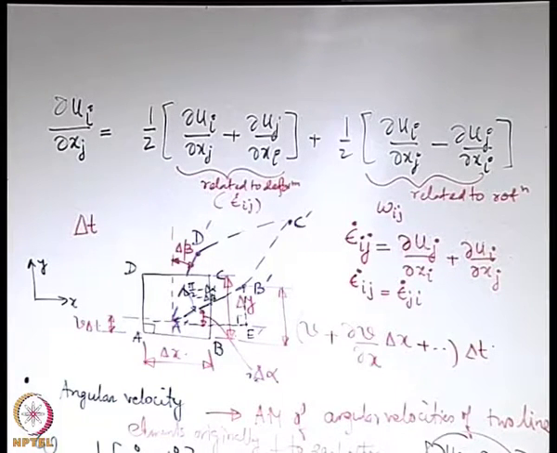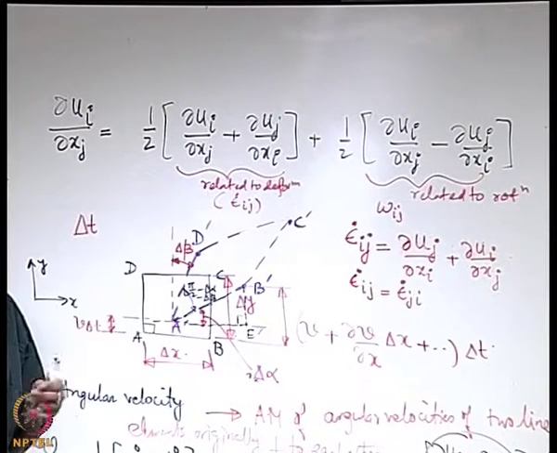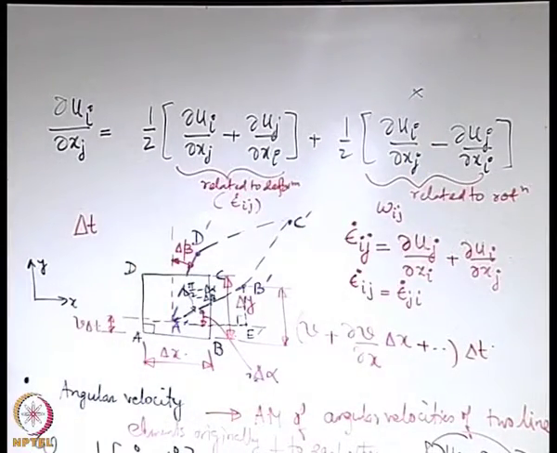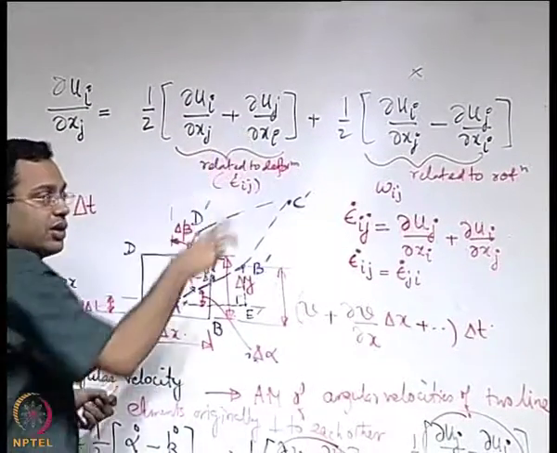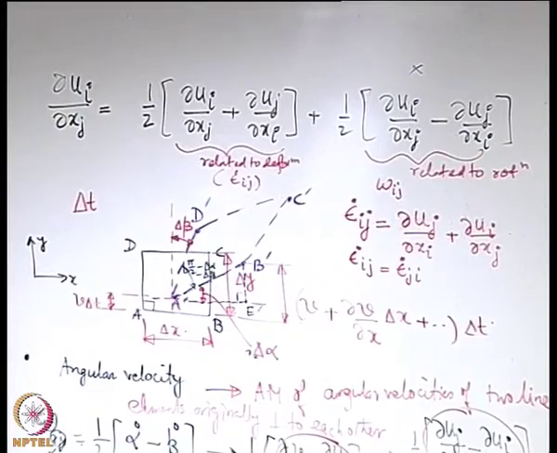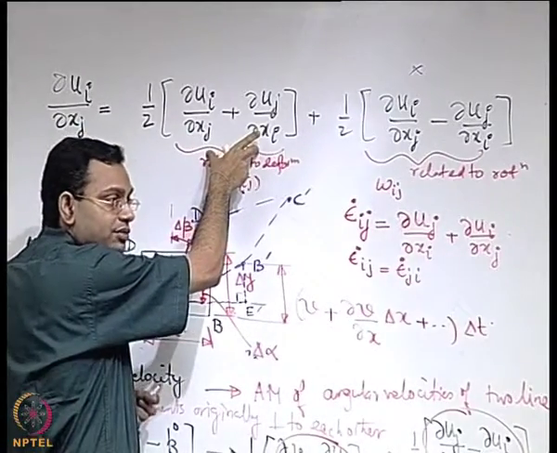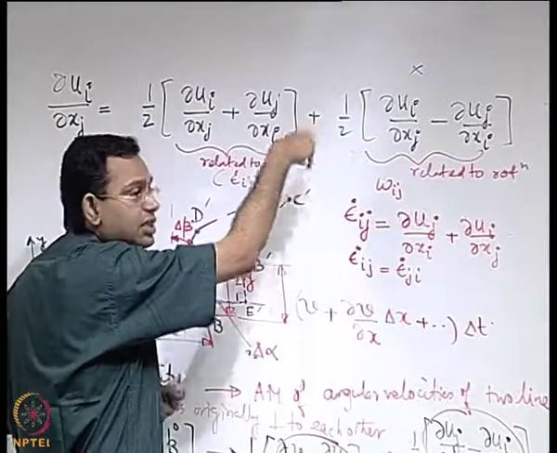So what we can see from here is a very important thing. When we write the general velocity gradient, which should in general be a parameterization of the deformation, out of that we clearly distinguish that one part is not related to deformation. So only this part is related to deformation, and whenever you relate shear stress with the velocity gradient, this part is what is important, because this part is giving rise to angular deformation, the other part is a rigid body motion.